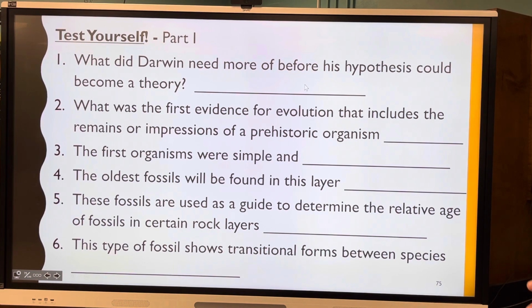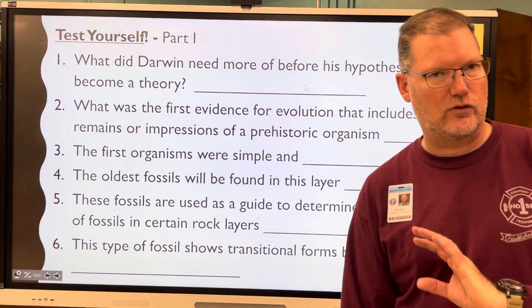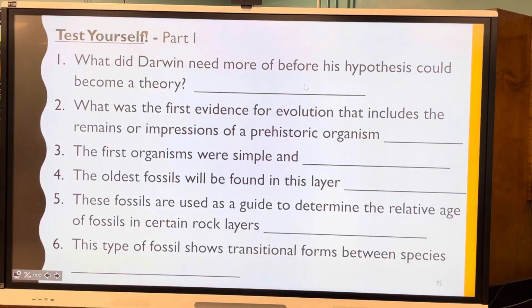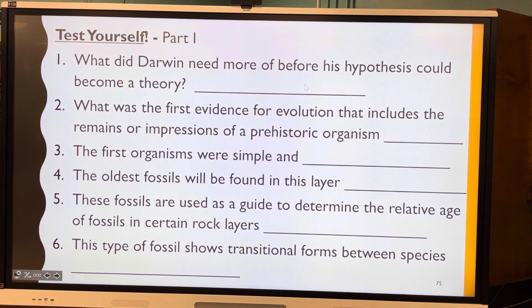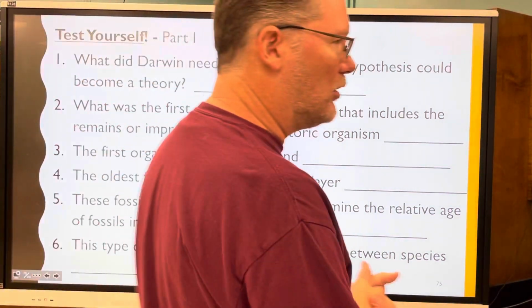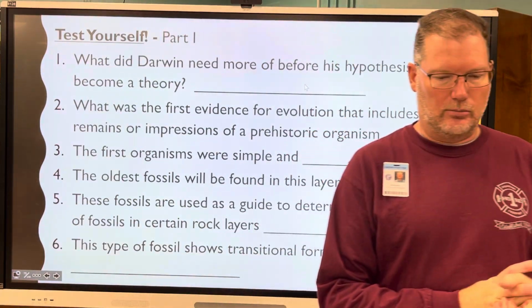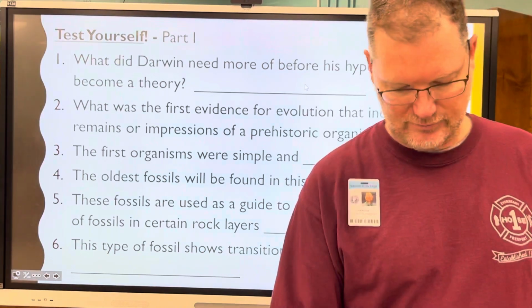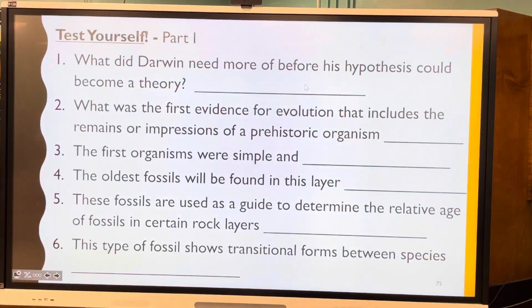So you're going to work on these right now for the remainder of the period with the people you're sitting next to. Do not move your seats. And you have the rest of the class period to get that part done. And tomorrow we're going to do some moth creation. Industrial melanism practice.